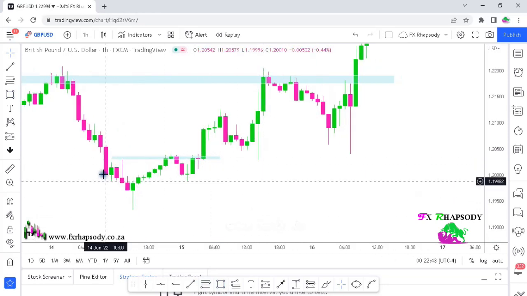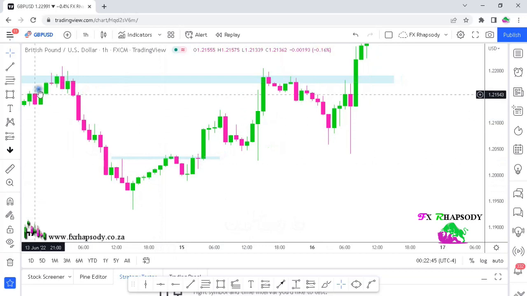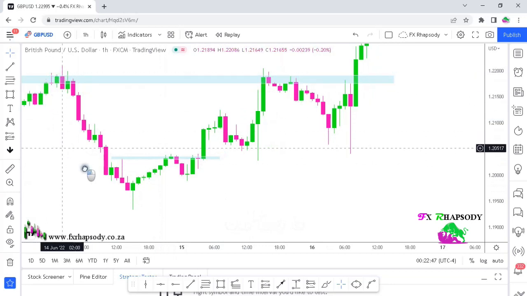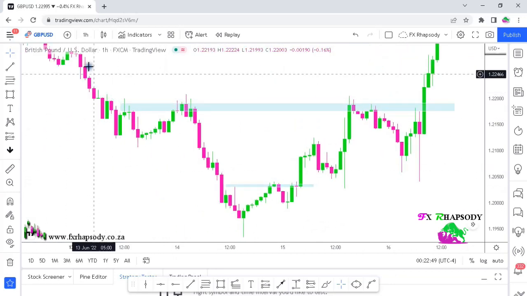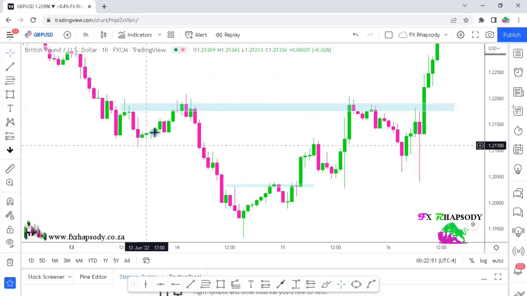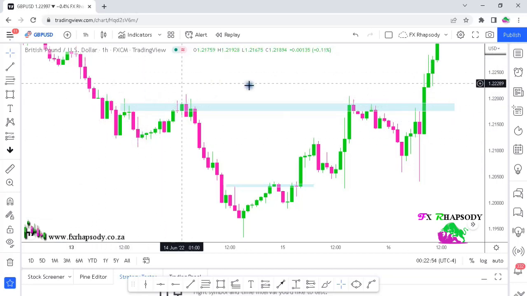You can see price coming up, exactly the same as what it did before when it went down, from a lower low, lower high, lower low, when it was in a bearish movement.